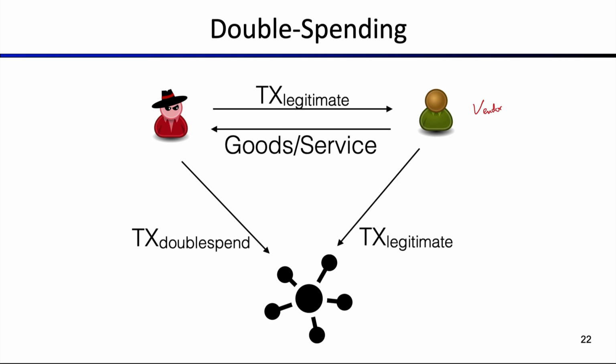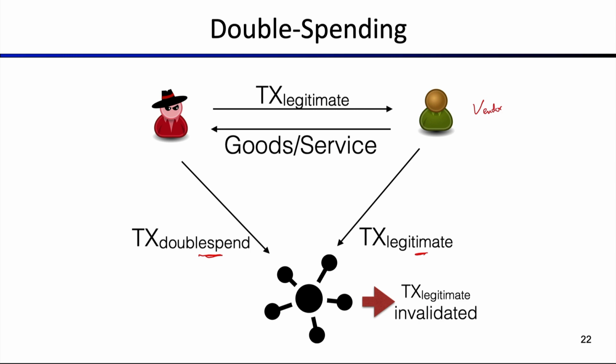Naturally the vendor will try to forward the legitimate transaction to the network, but since there's an inherent time delay between the adversary's double spend propagation and the legitimate transaction propagation, it's highly likely that the legitimate transaction will be invalidated by the majority of the network.